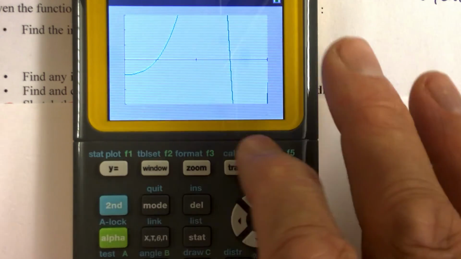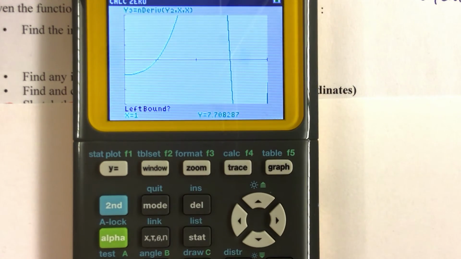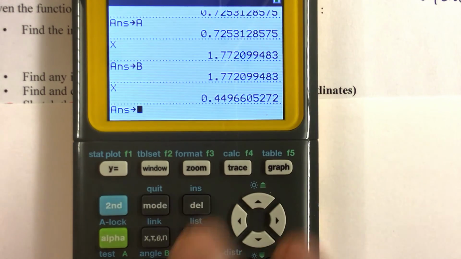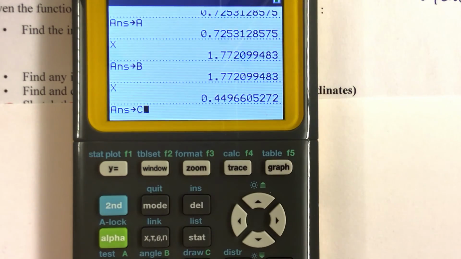So second calculate, zero, left bound 0.2, right bound 0.8, guess 0.5, and we get the first zero at 0.45. We're going to quit that, get x in there, and store that in alpha C, okay?